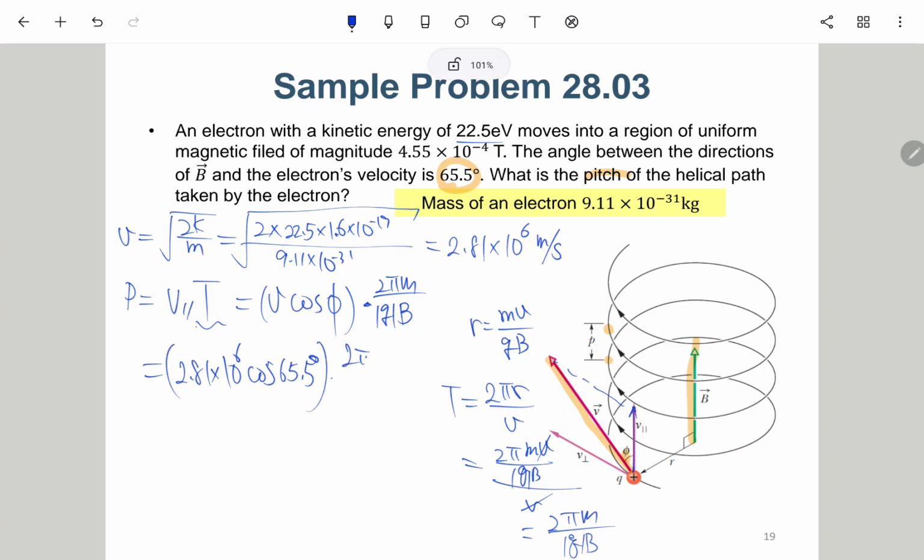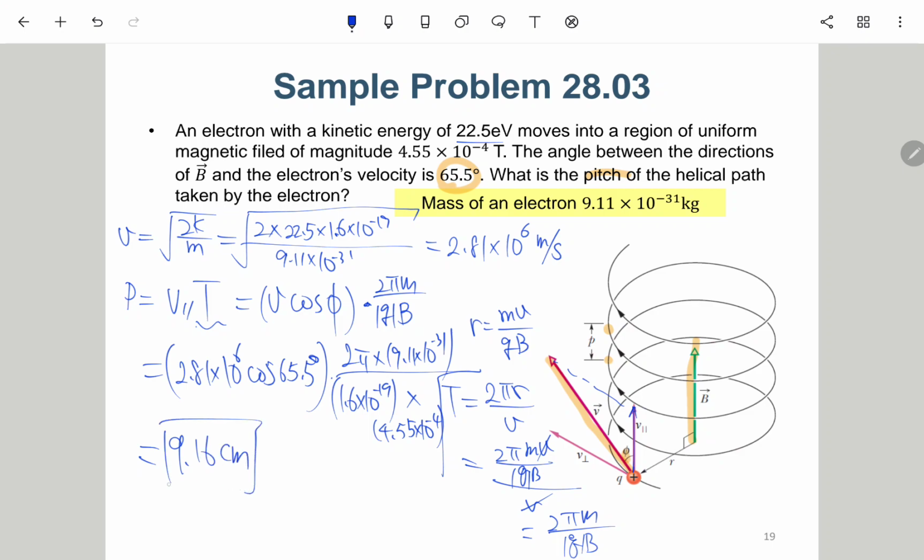And then we have 2 pi m, with m being 9.11 times 10 to the negative 31, and then over 1.6 times 10 to the minus 19, and then B is 4.55 times 10 to the negative 4th power. Okay, something like this. So this number is 9.16 centimeters.